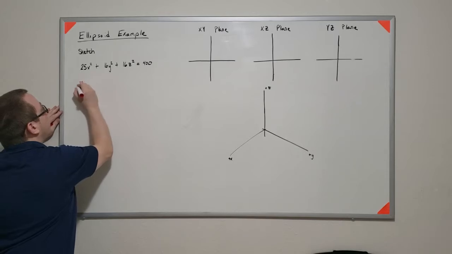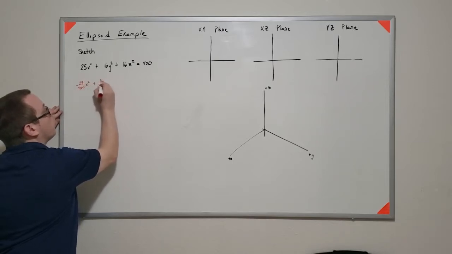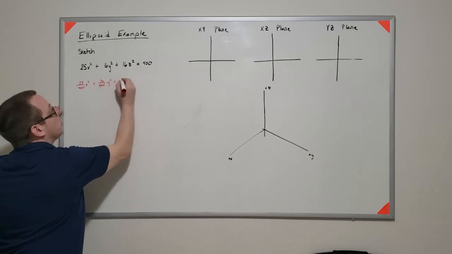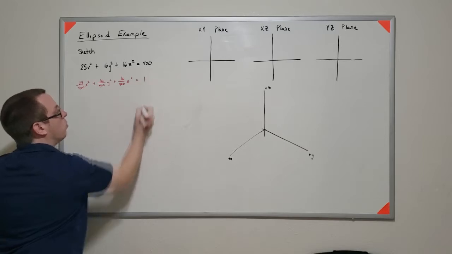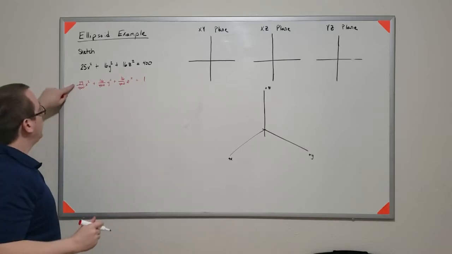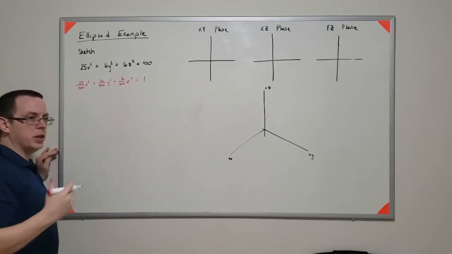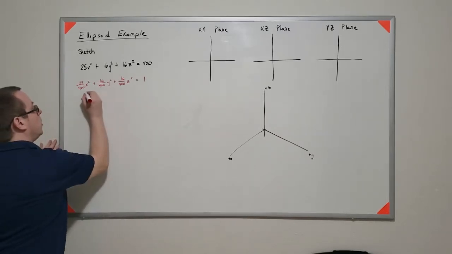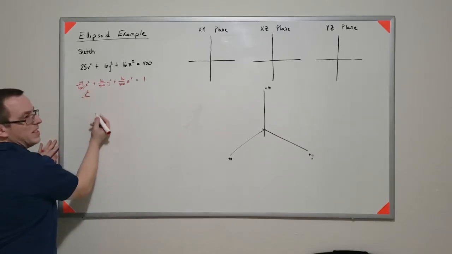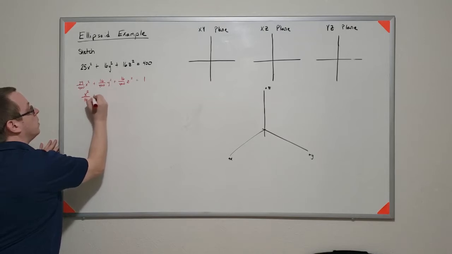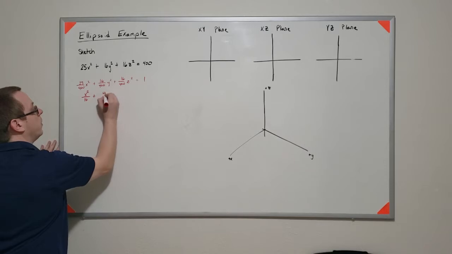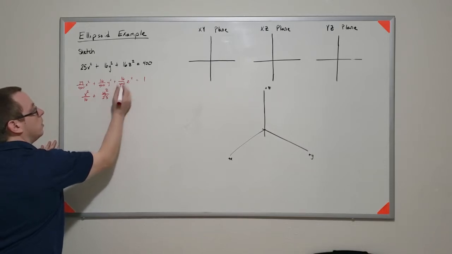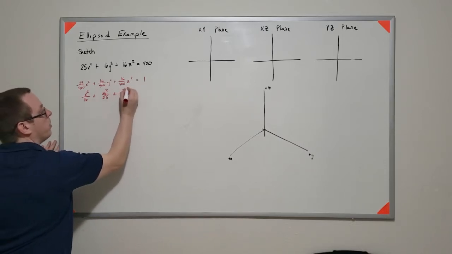So 25 over 400 x squared plus 16 over 400 y squared plus 16 over 400 z squared equals 1. And 25 over 400 is just 1/16. 16 divided by 400 is 1/25. And again, 1/25.